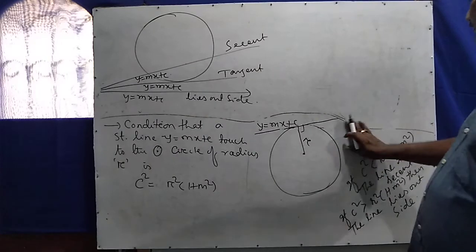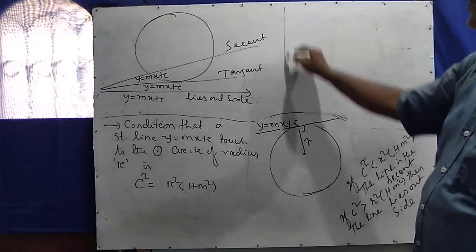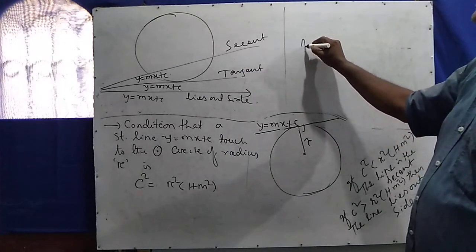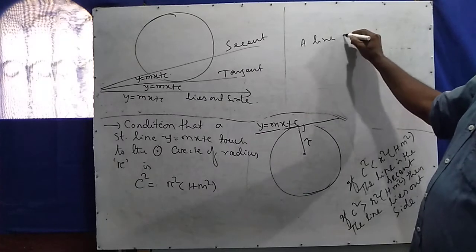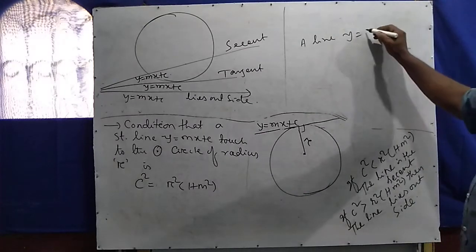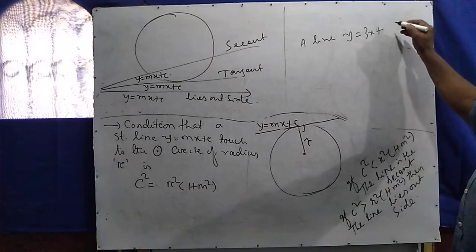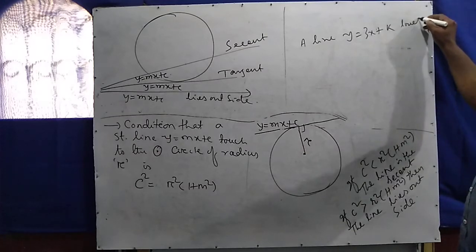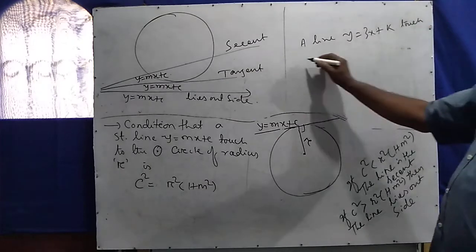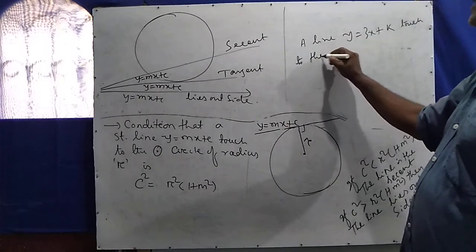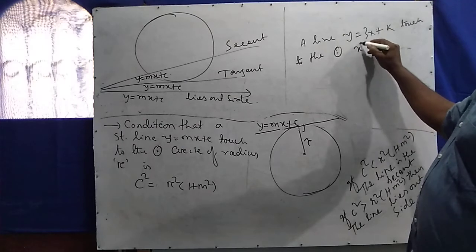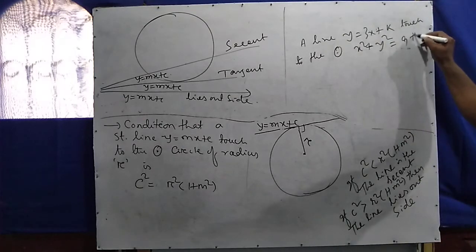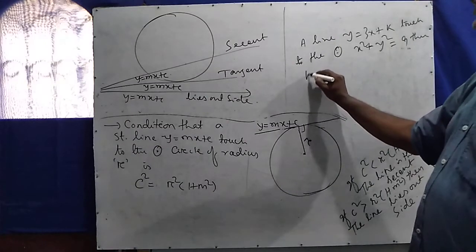What type of question will come? One question from the entrance exam: a line y equal to 3x plus k touches the circle x square plus y square equal to 9. Then what is the value of k?